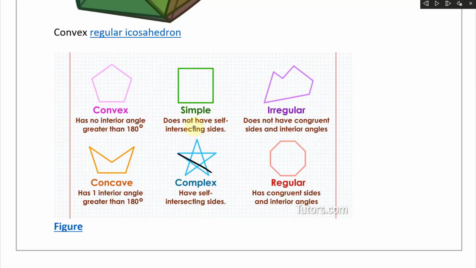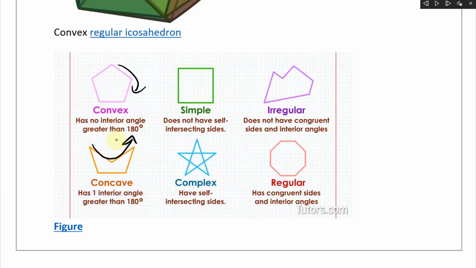And over here, just more info on geometry. Concave has one interior angle greater than 180 degrees. So right here, this is greater than 180, and this is greater than 180, so that's a concave shape. Convex has no interior angle greater than 180 degrees. The concave just means there's a shape like this, whereas here there is none.